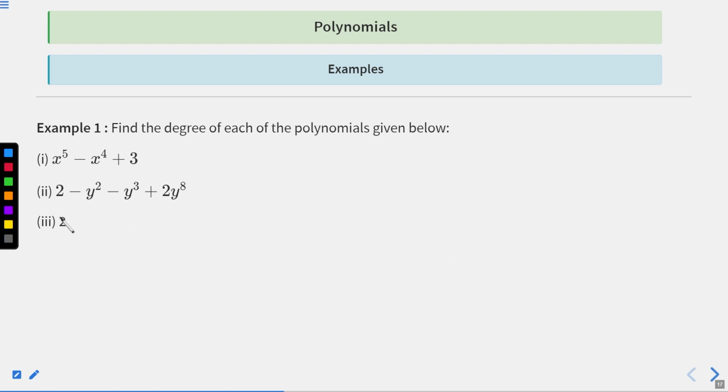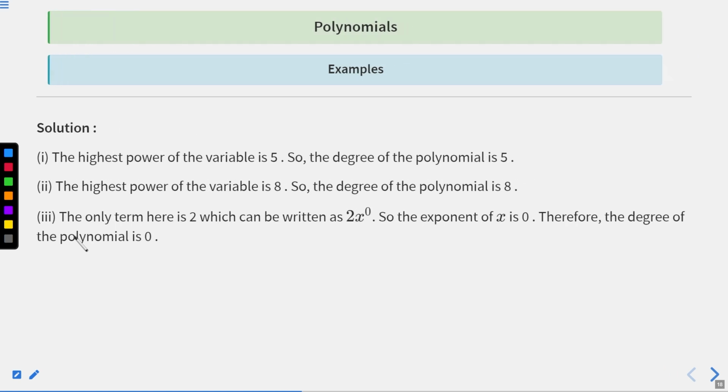And in the second one we have 2 minus y square minus y cube plus 2 times y to the power 8, and in the third one we have 2. Okay, so let us see the answer. The highest power of the variable in the first polynomial is 5, so the degree of the polynomial is 5, and the highest power of the variable in the second polynomial is 8, so the degree is 8.